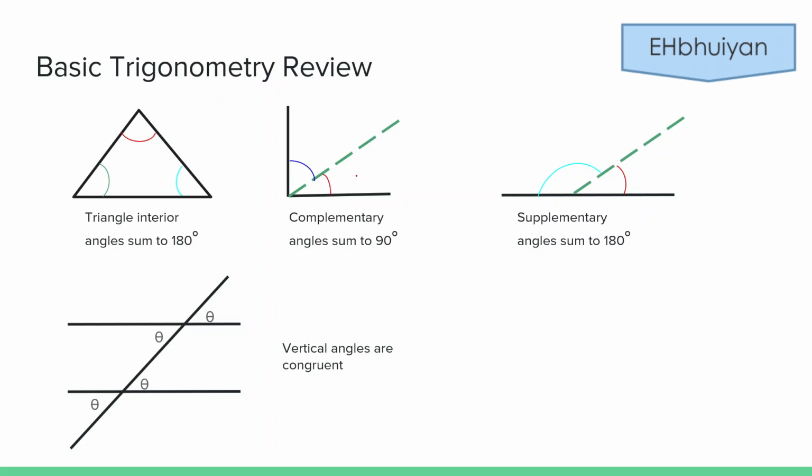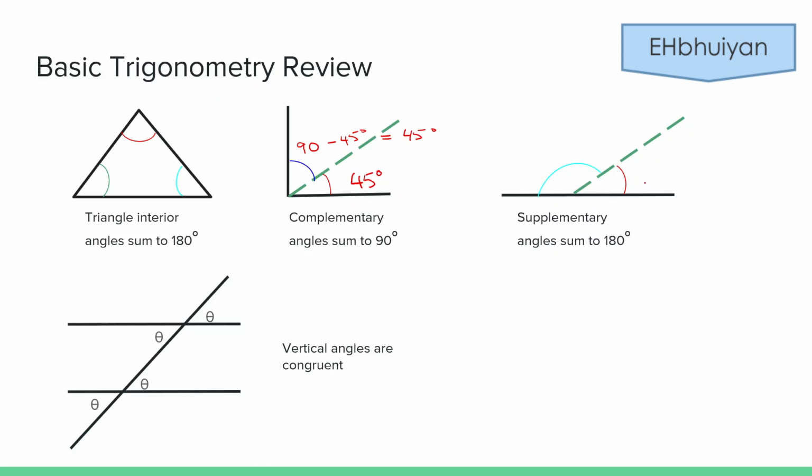And complementary angles sum to 90 degrees. So let's say this angle is 45 degrees. Then, since this angle is complementary, this must be 90 minus 45 degrees. In other words, this angle right here is also 45 degrees.